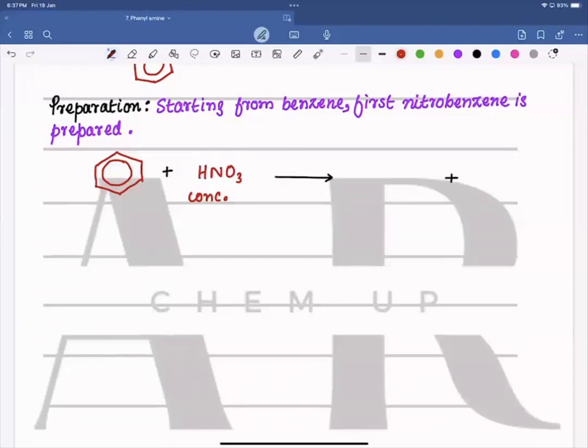For this reaction, we need a catalyst which is concentrated sulfuric acid, and a temperature of 25 to 65 Celsius is maintained by heating.